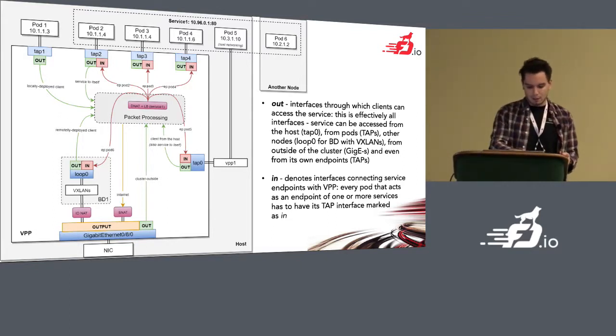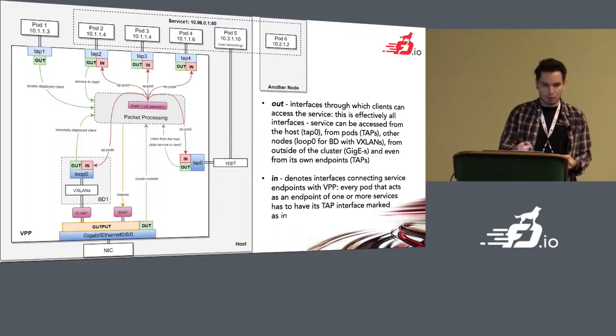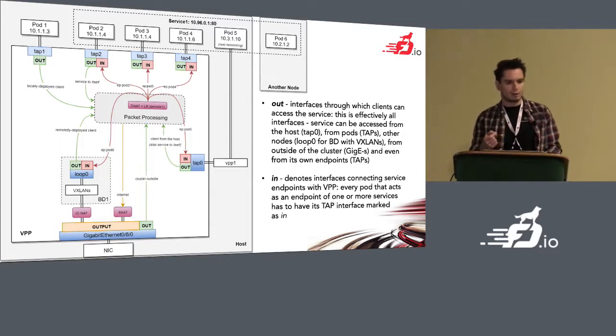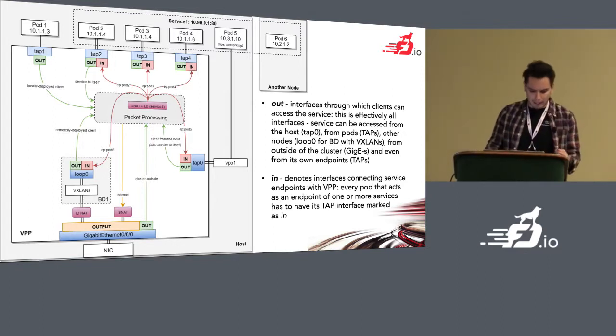Same thing for tap 0 and loopback 0, and then you see the gigabit Ethernet is marked as output, so it can provide the connectivity to the outside when we do the dynamic source NATing.